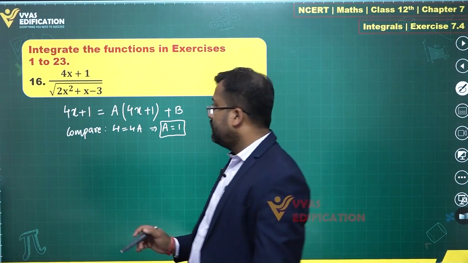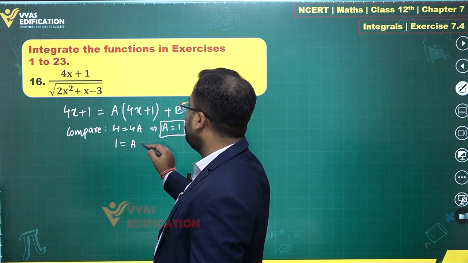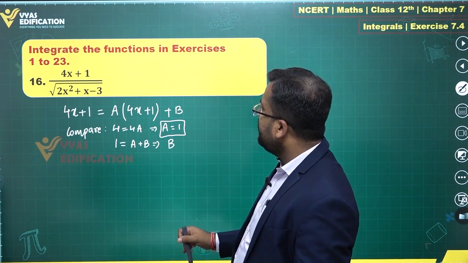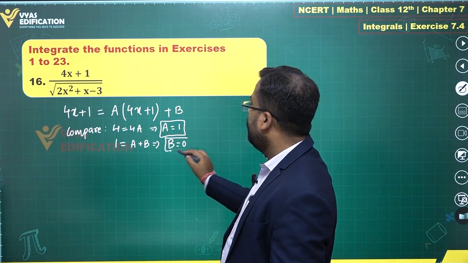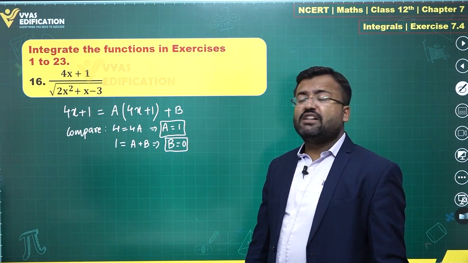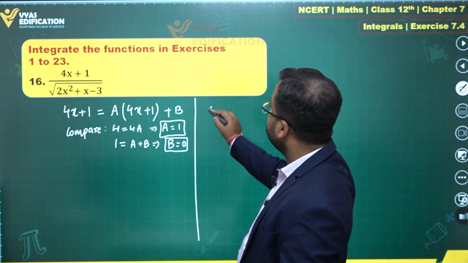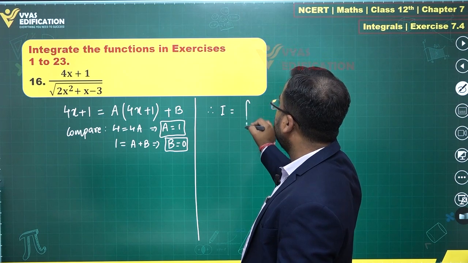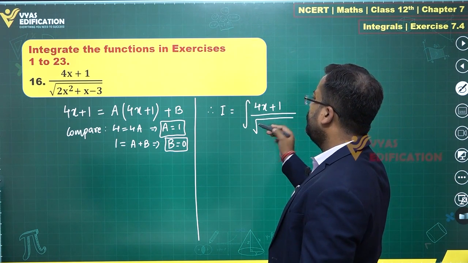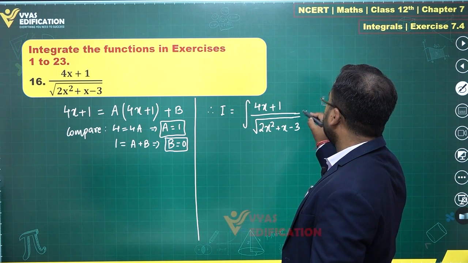Comparing the constant term implies 1 equals a plus b, and that tells me b will be equal to 0. Pretty interesting. There's no second term over here, there's only the first term. Since a is equal to 1, I is equal to the integral of (4x plus 1) upon root of (2x square plus x minus 3) dx.